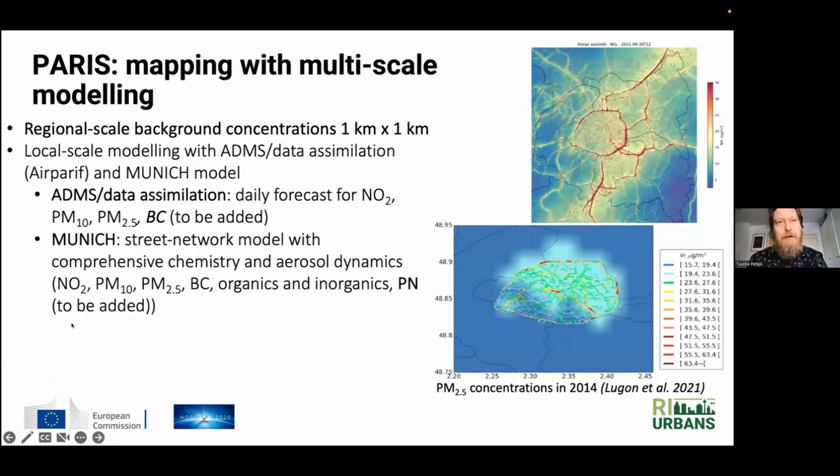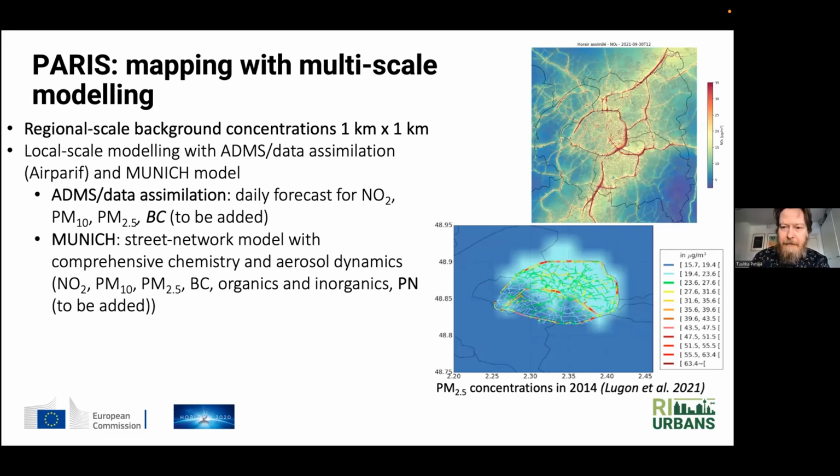As an example for the mapping activity, I just show Paris, just identifying the scales that we are aiming for. So going into street level understanding. The top figure is NOx concentrations in Paris, highlighting the streets and the traffic emissions.